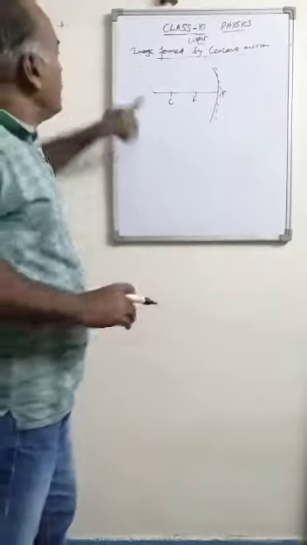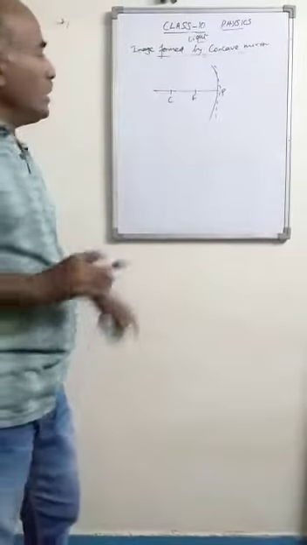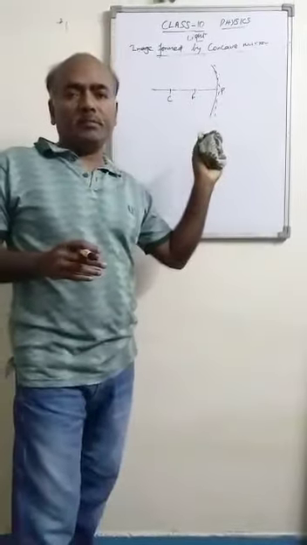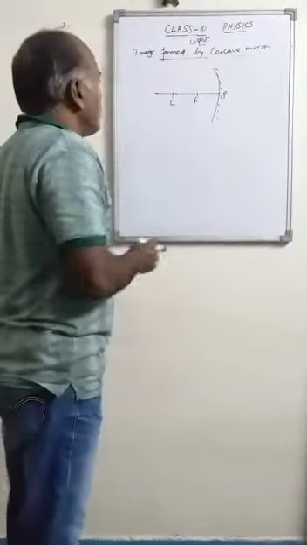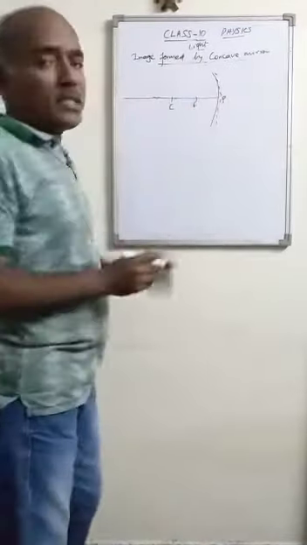If we put the object in front of the mirror, that object may be placed anywhere in front of the mirror at any distance. The object may be here. The object may be at a very long distance.